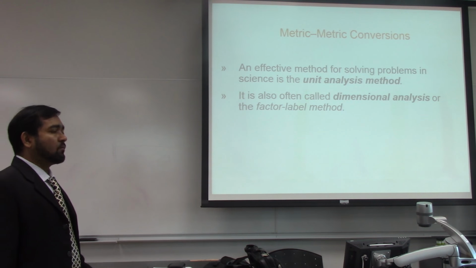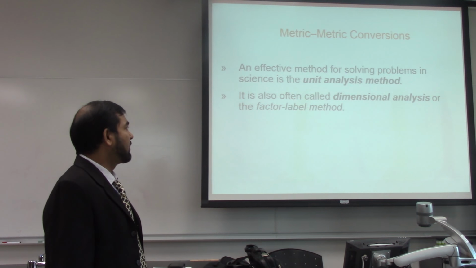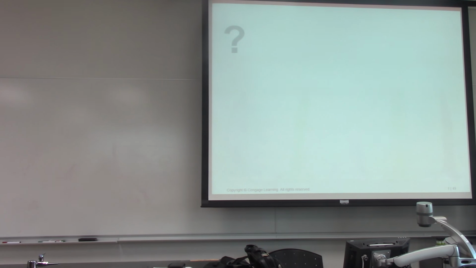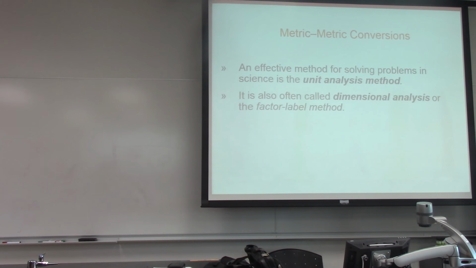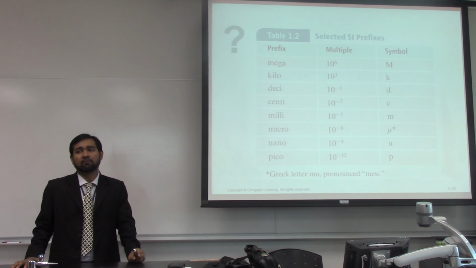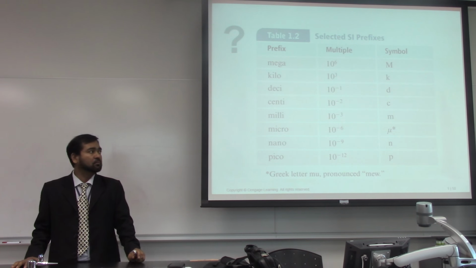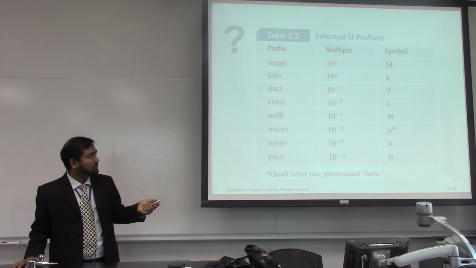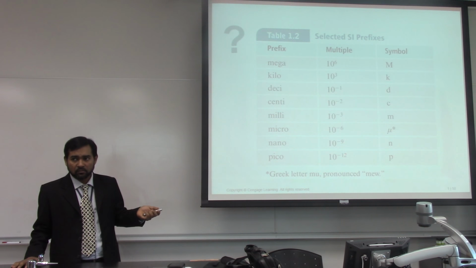These units can be converted in many different ways, and that's called dimensional analysis. In dimensional analysis, meter is bigger, centimeter is smaller, and each one changes by a power of 10.